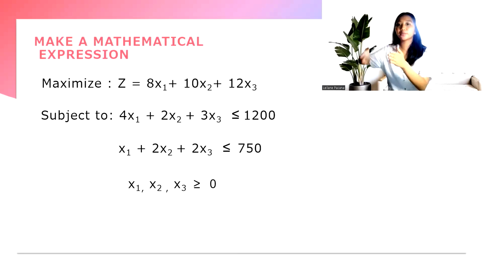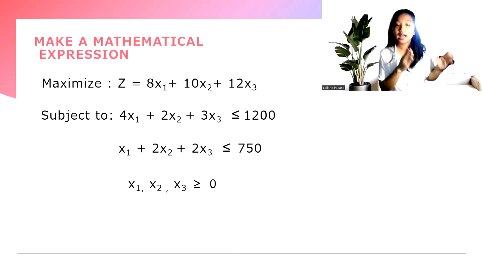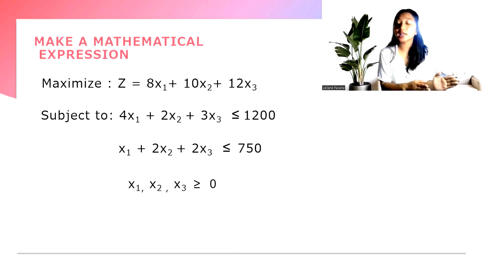As you can see, the right-hand side is the number of hours that the business has set or allotted in their cooking and in their packaging. And the left-hand side has our variables for our 3 variations of food packs and the number of hours needed in order to produce each food pack.